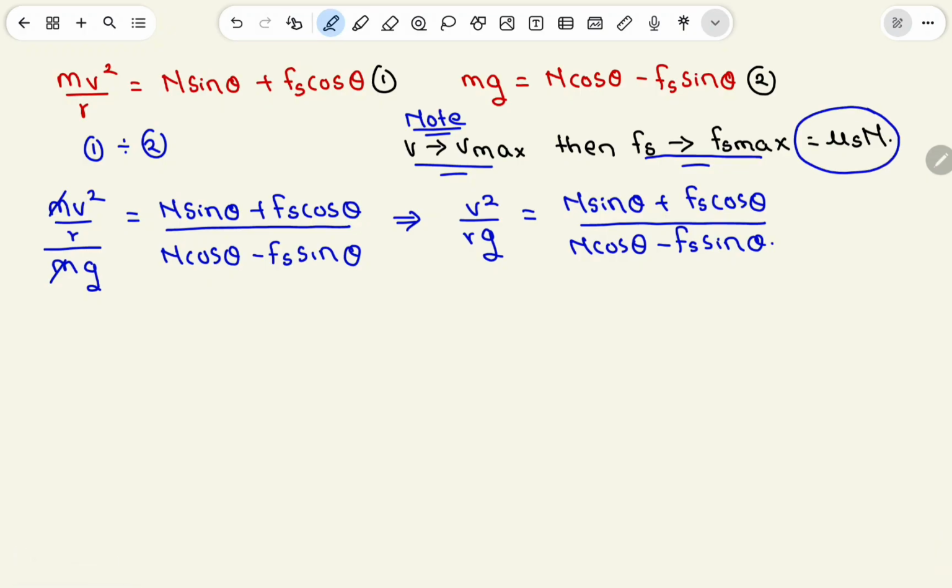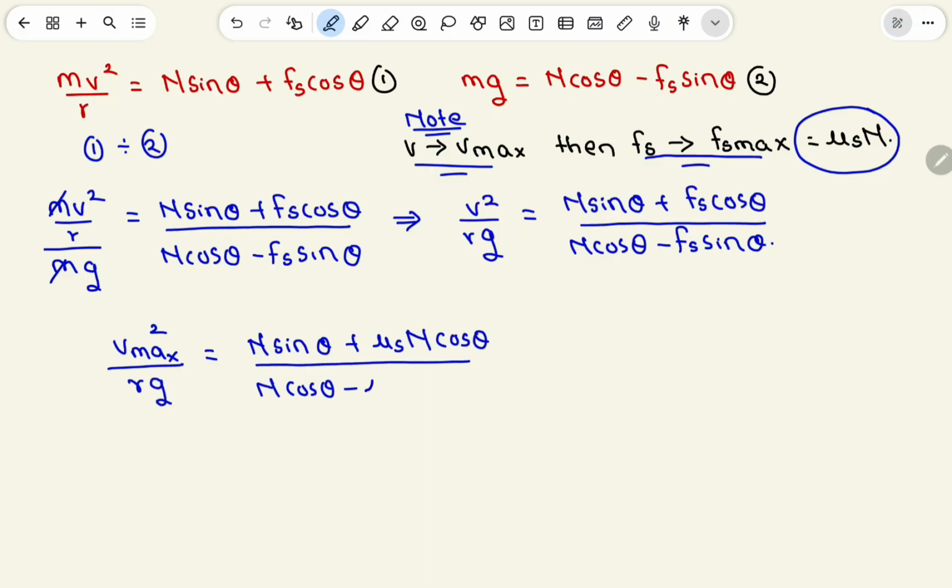So in place of V, we substitute V max square over Rg, and in the place of Fs we write mu s N, and we get N sin theta plus mu s N cos theta upon N cos theta minus mu s N sin theta.